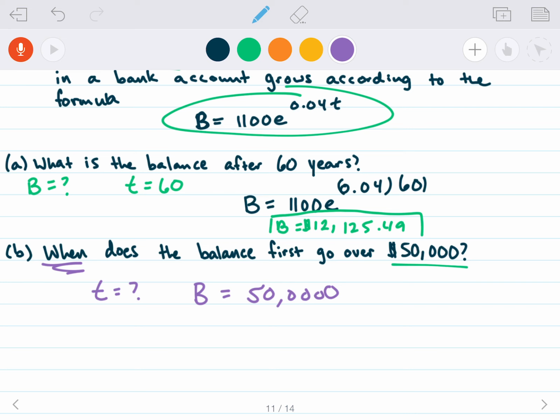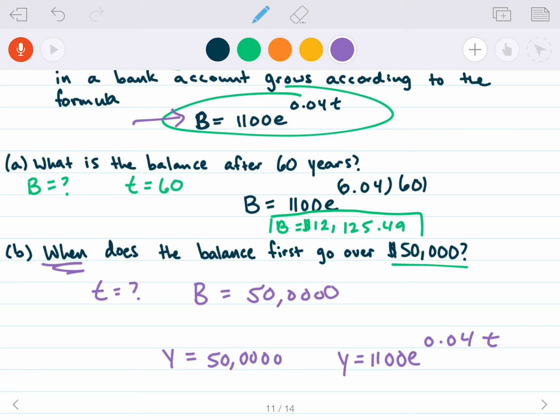So in Desmos, if we plug in all of that info into this calculator, what we're trying to do is see when the function y equals 50,000 intersects with the function y equals 1100 e to the 0.04t. So we need to put both of these things in Desmos.